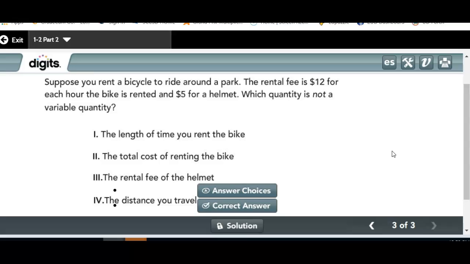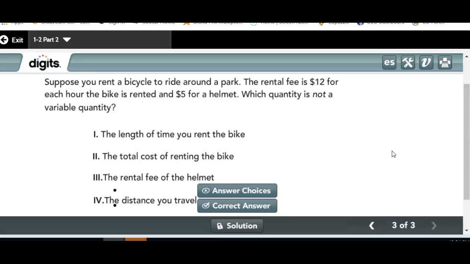All right. The total cost of renting the bike. Total cost of renting the bike. Jason. A quantity? Jacob, you wanted to raise your hand. I know you did. Okay, why? Good. The cost can change. Or someone tell me how the cost could change. Josh.